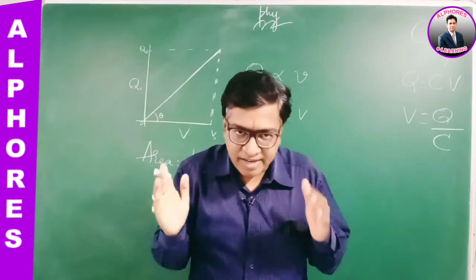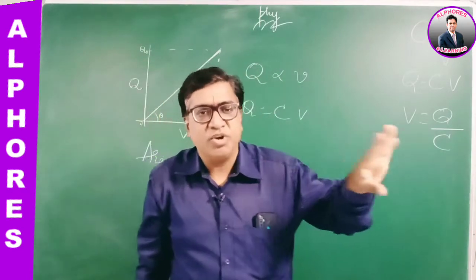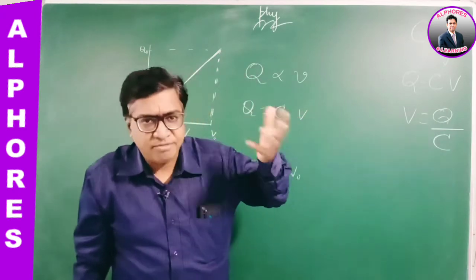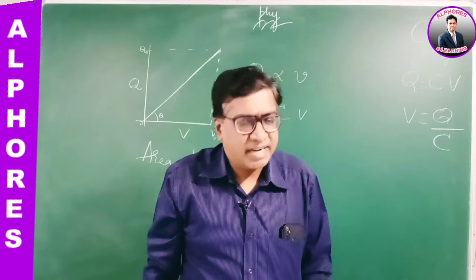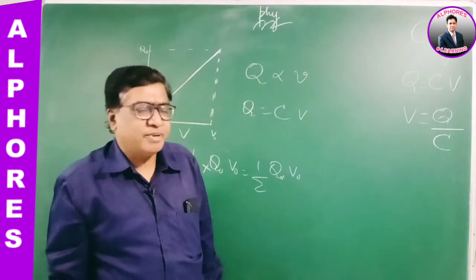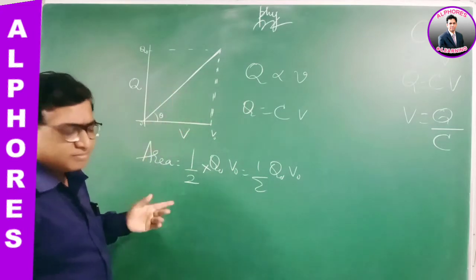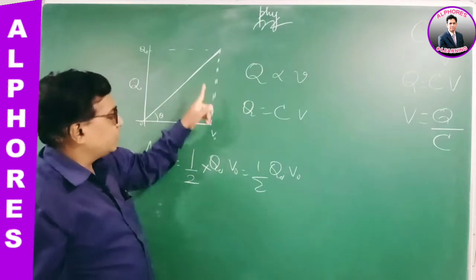So when I draw a graph between charge and potential for a particular capacitor, it's a straight line passing through the origin, like y is equal to mx. From the formula Q is equal to CV, C is the slope, that is tan theta. Now if I take the area of this graph, it is a triangle, half base into height. Base is V0, height Q0, so half Q0 V0.